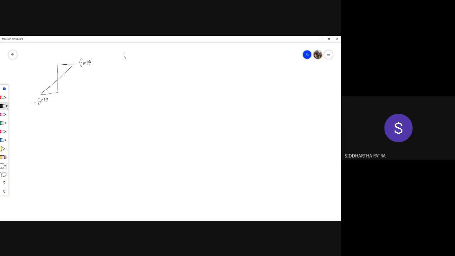Now, stress changes with strain in this pattern up to the yield point, proportional, and then beyond that it becomes flat.